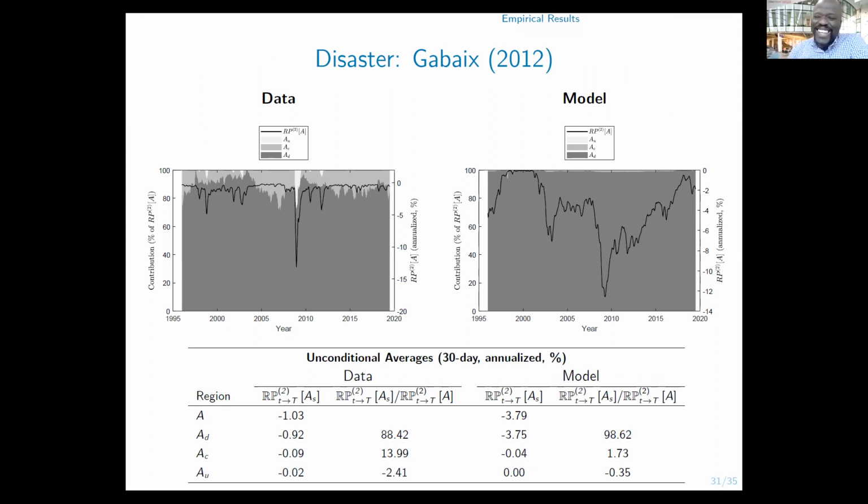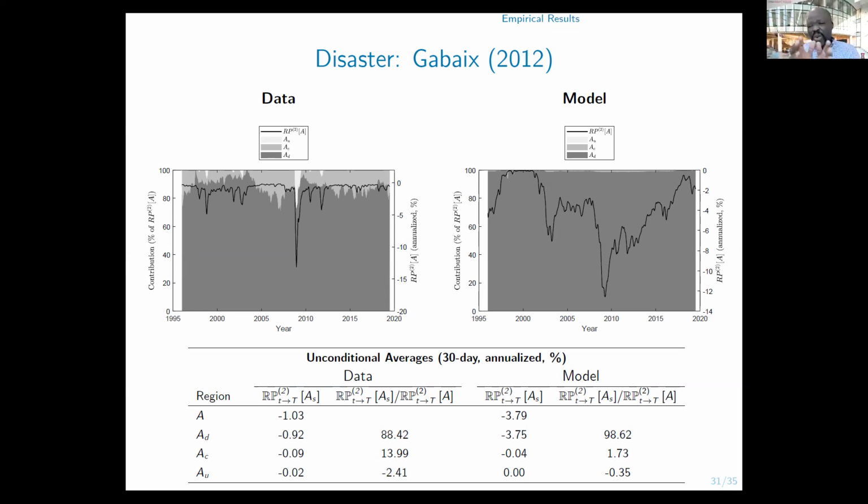Thank you. So this is a model from GABEX. On the left-hand side, you have the variance risk premium and its components in the data. In the model, you have what you see on the right-hand side.